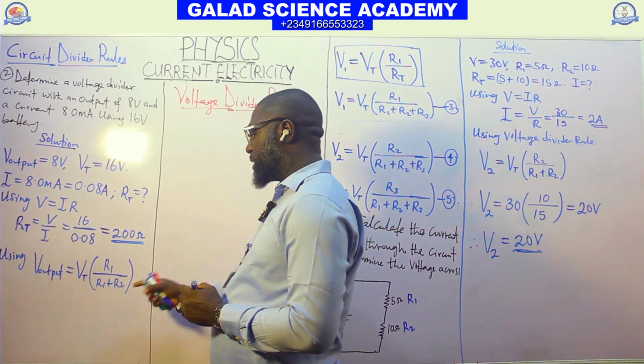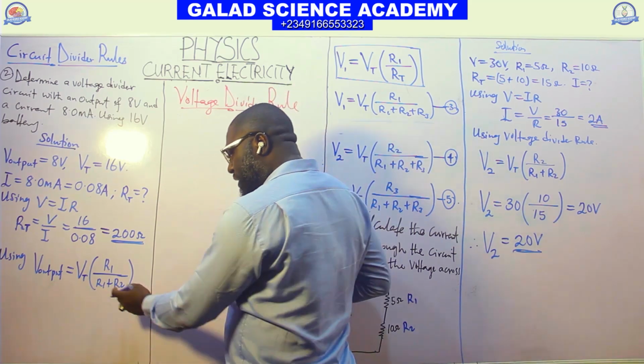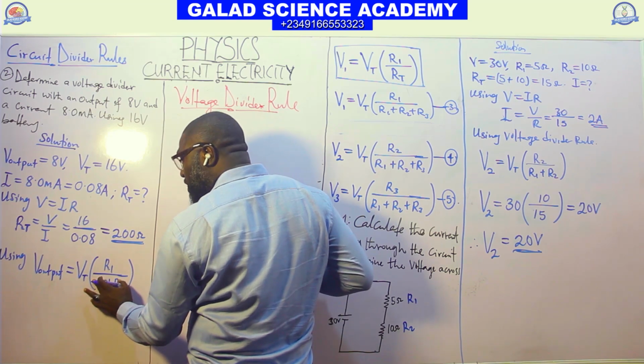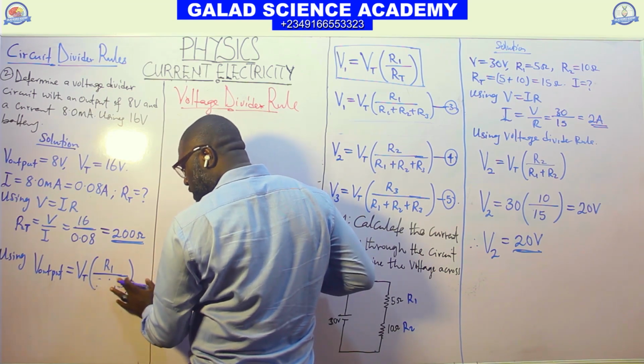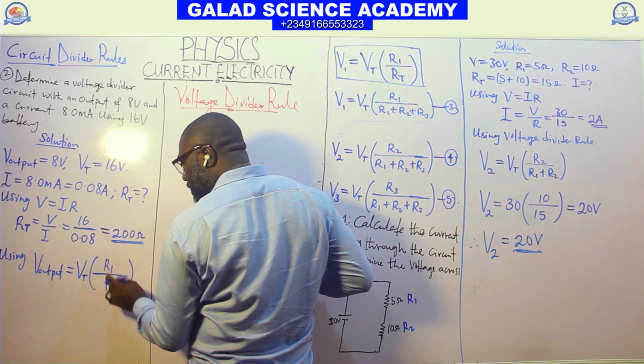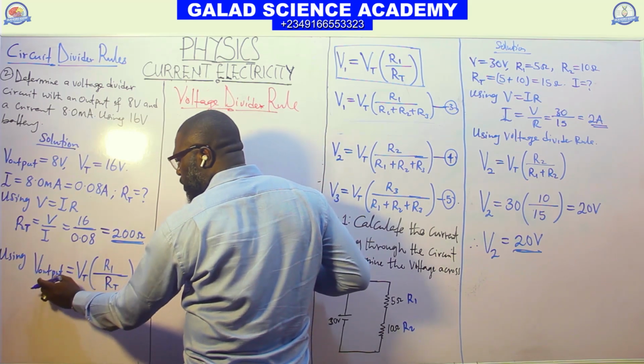If we apply this, this R1 plus R2 is R total. So let me change it to R total in series over the total resistor that we get here. Then substitute for each value.